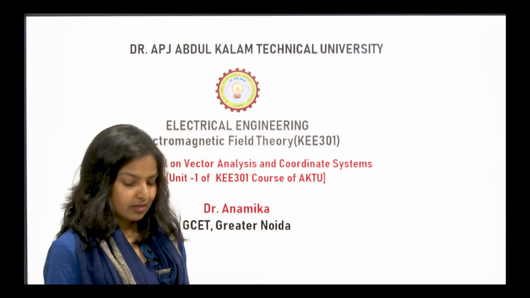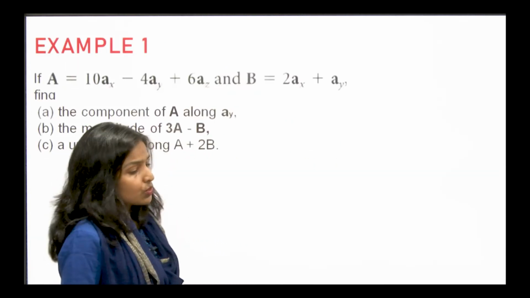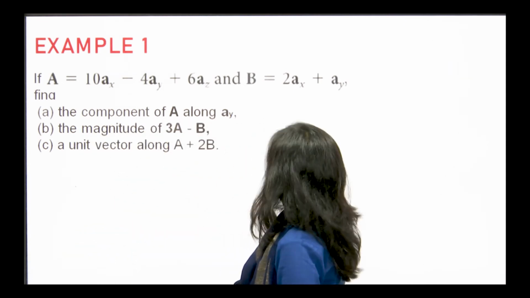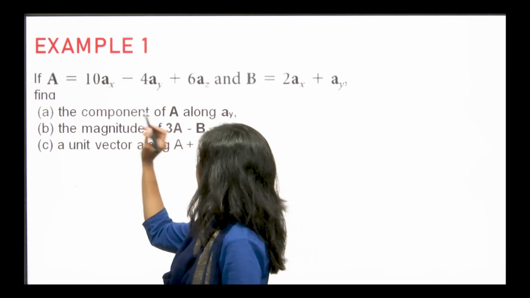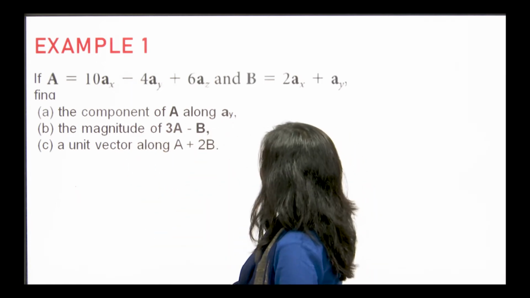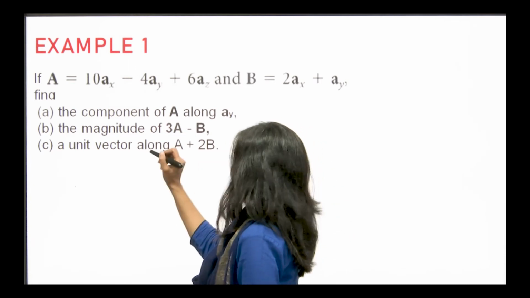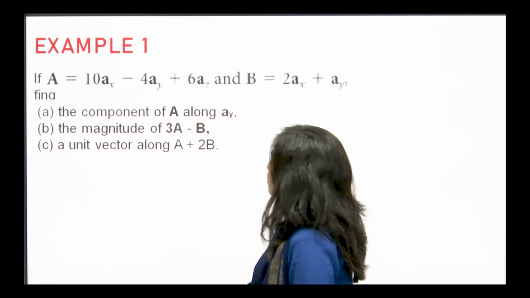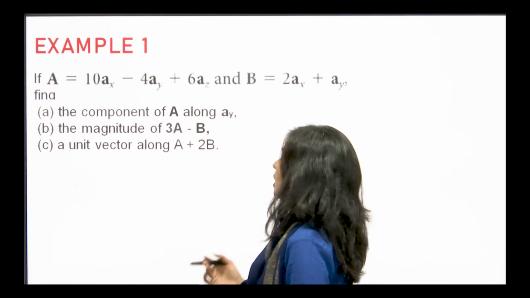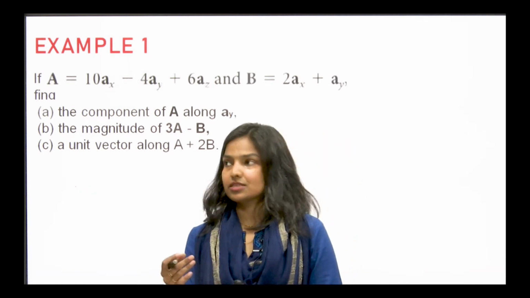So let's start. In this first example, one vector A and vector B are given, and we need to find the value of the component of A along ay. Means we need to find the value of the component of A along the y axis.